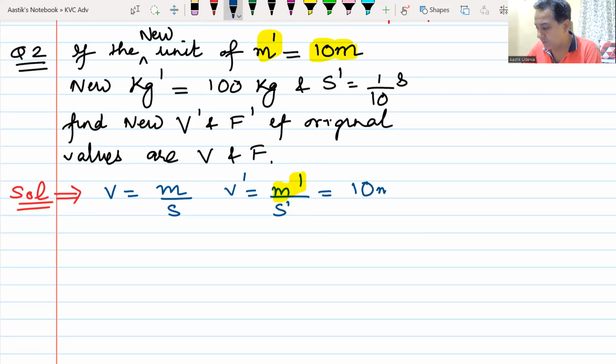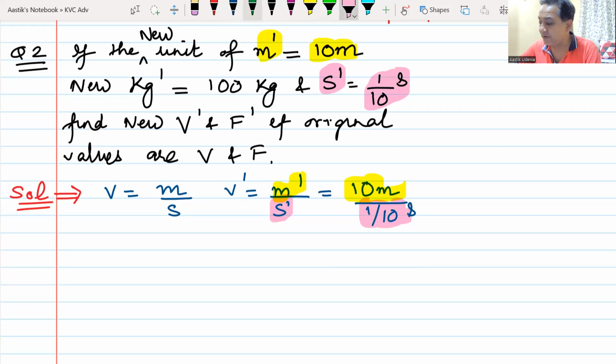So I put 10 times of meter. Then I look at the new seconds. Second dash is 1 by 10 times of second. I will just substitute the value of second dash. 1 by 10 times of second.